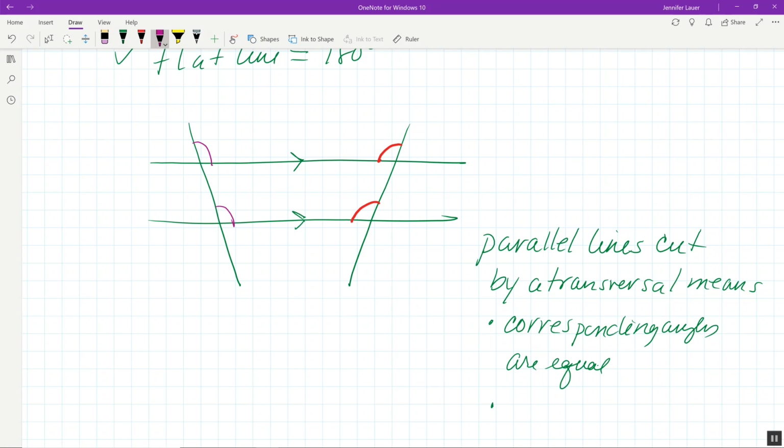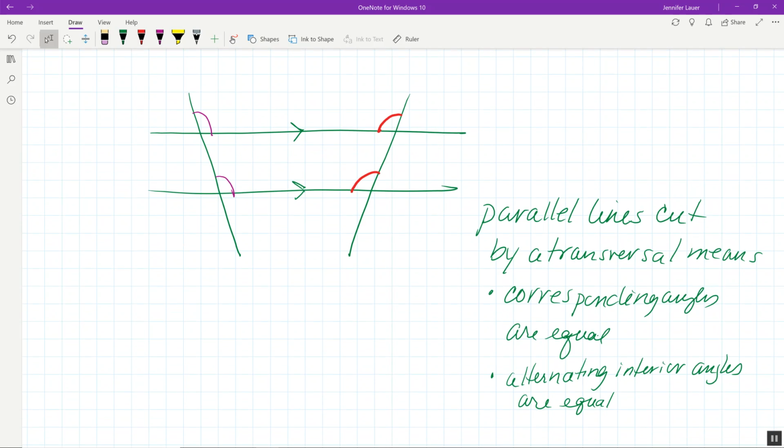The other thing it tells us is that alternating interior angles are equal. What do we mean by that?